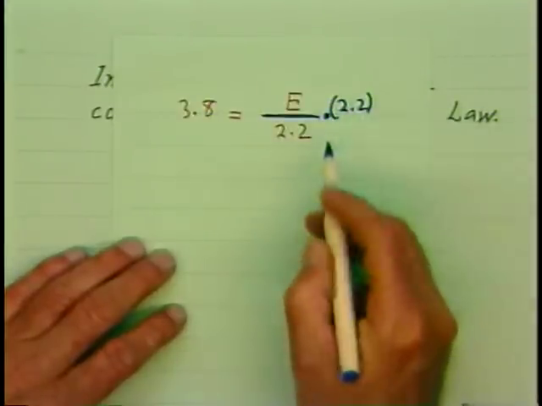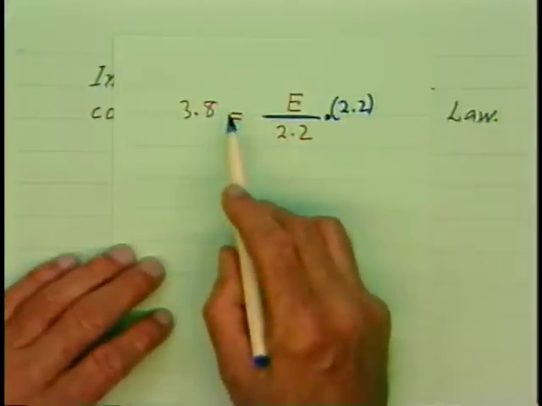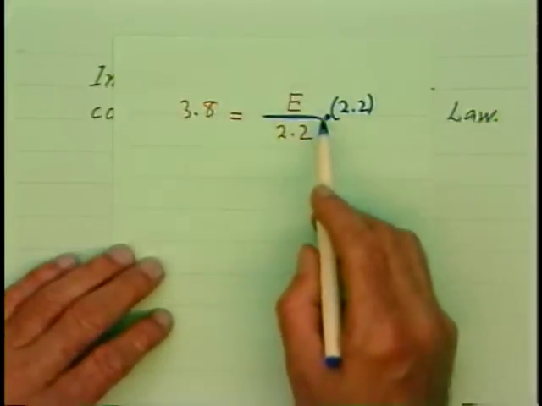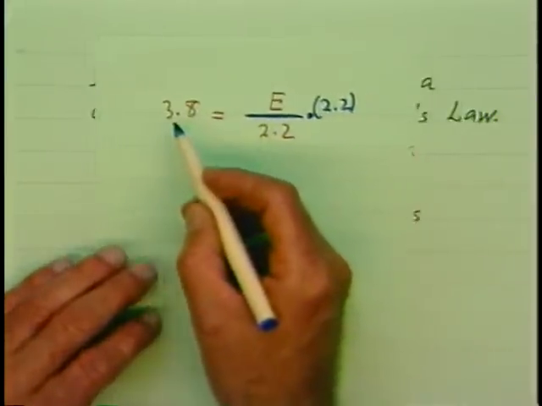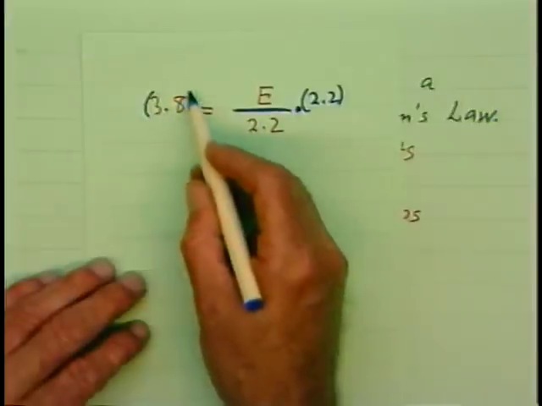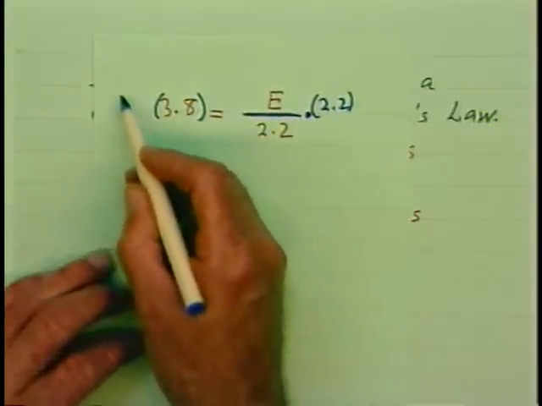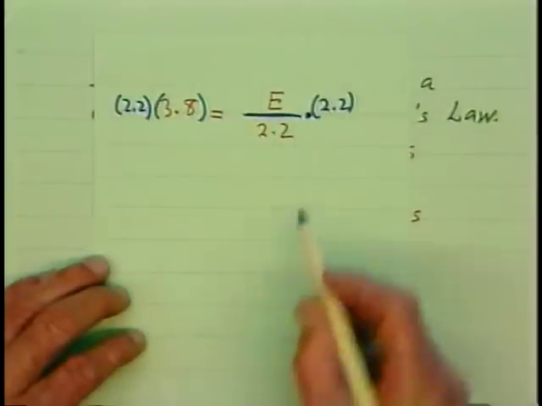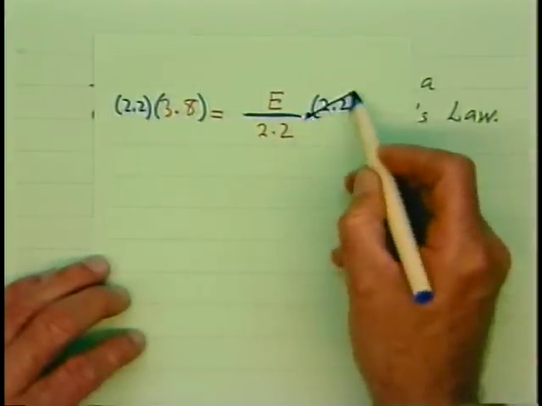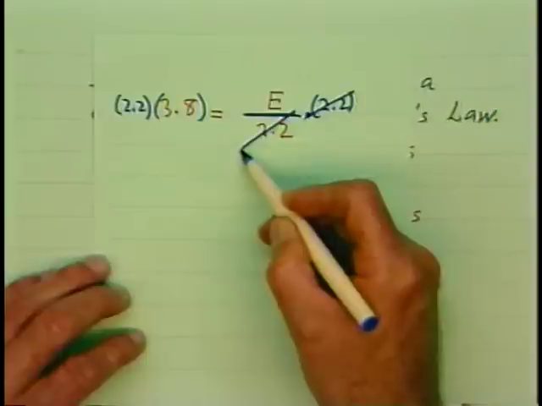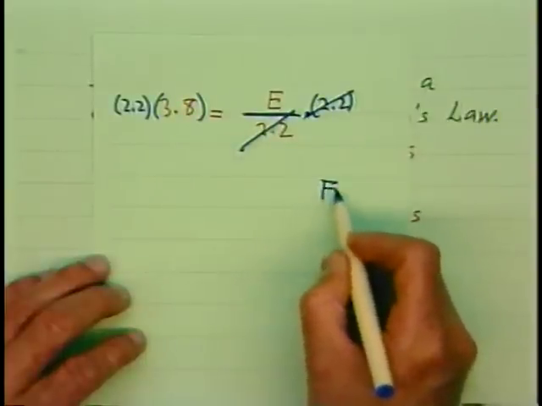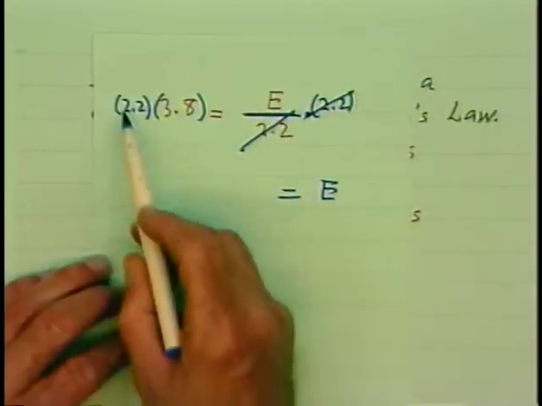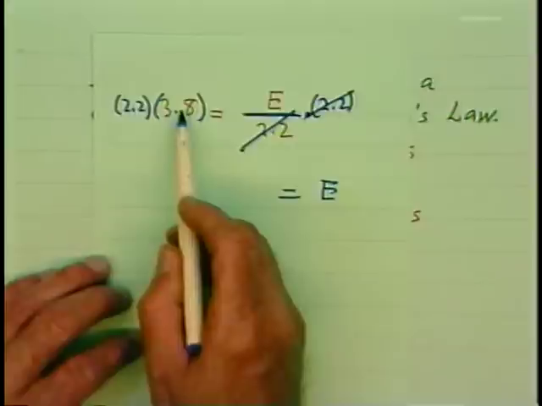But the multiplication law of equalities is if I multiply the quantity on one side by anything, I am permitted to do that only if I multiply the quantity on the other side by the same amount. Now this multiplication undoes this division, which says that my E, the voltage, is that times that.